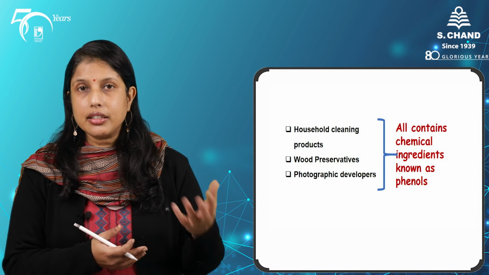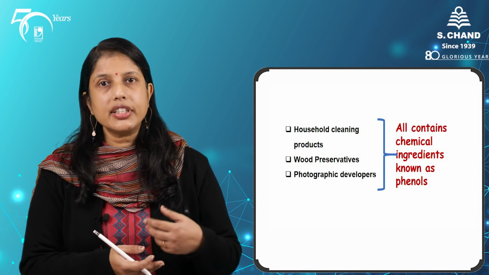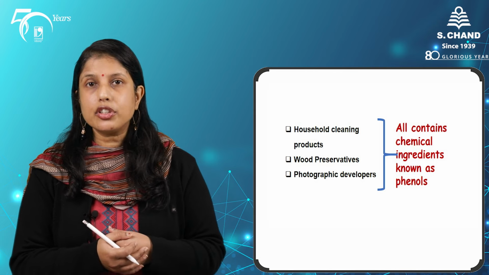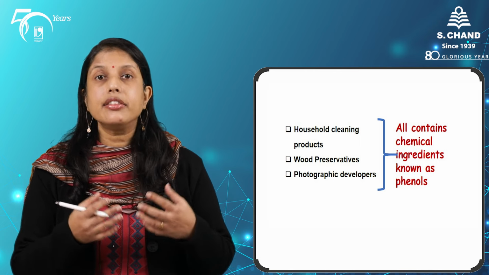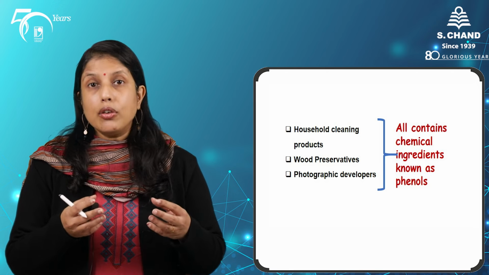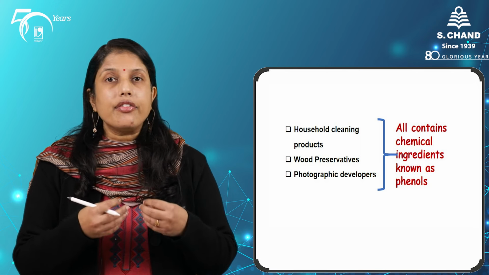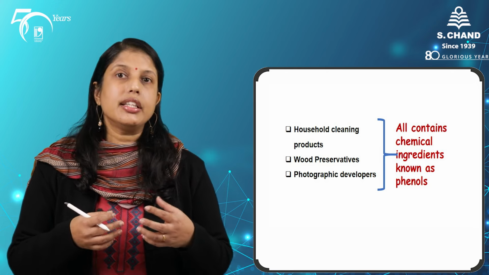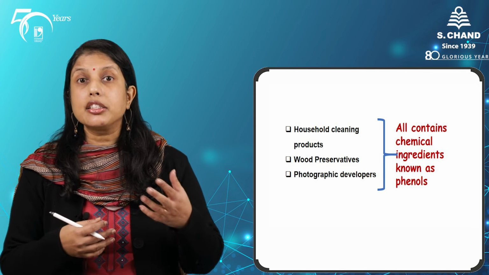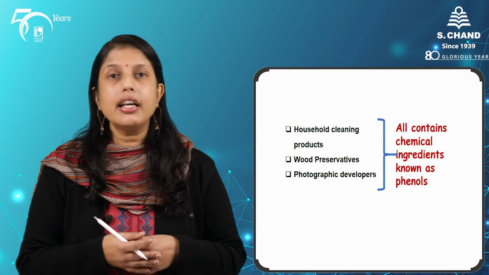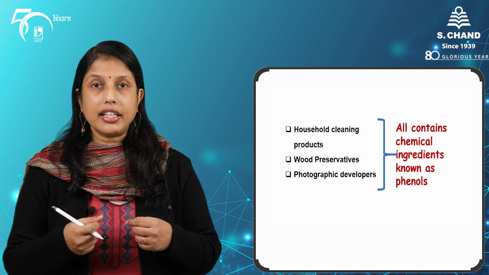So, what was the common ingredient in all of these three: disinfectants, wood preservatives, or even developing photographic plates? Well, it's phenols. Phenols in the industry are found almost everywhere. They're used to make plastics, explosives like picric acid, and even drugs like aspirin.